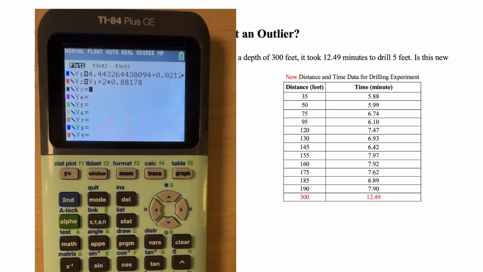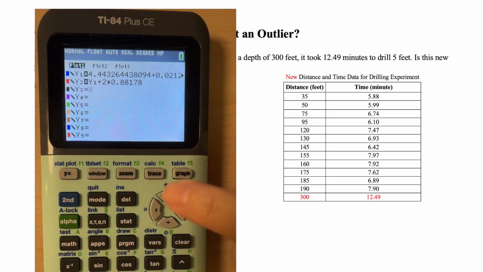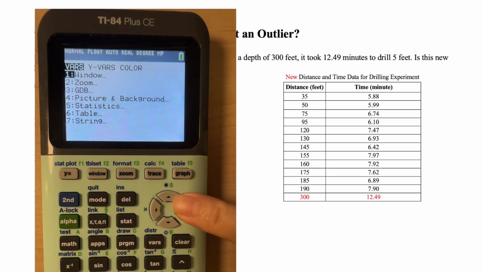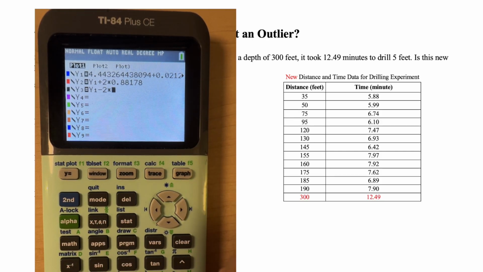Now, I want to graph a line that is also 2 standard deviations below the regression line. And my regression line was stored in Y1. So my Y3 is equal to Y1 minus 2 times the standard deviation.